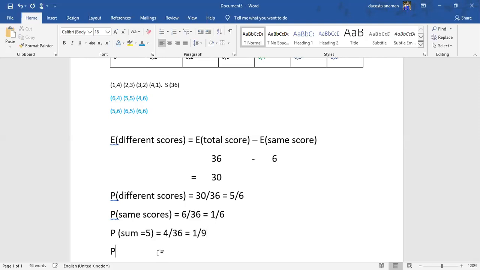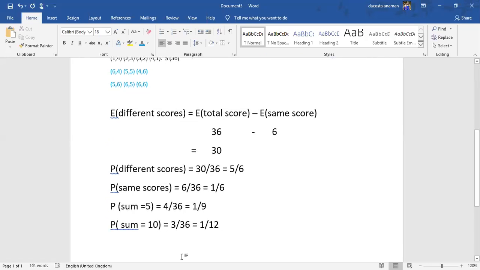The second one, which is sum equal to 10, will give us 1, 2, and 3. So we have 3 there, right? So that will give us 3 over 36. And that will be equal to 1/12.